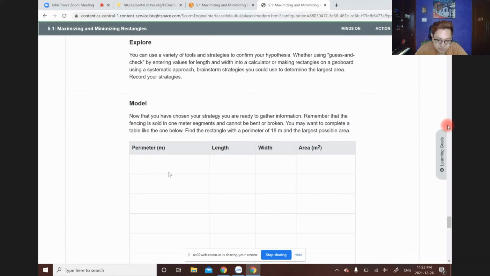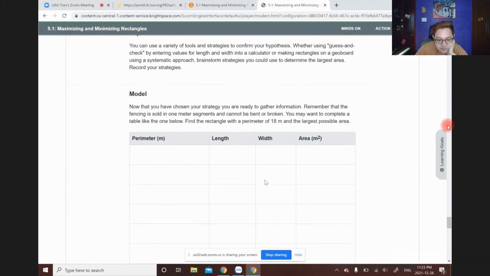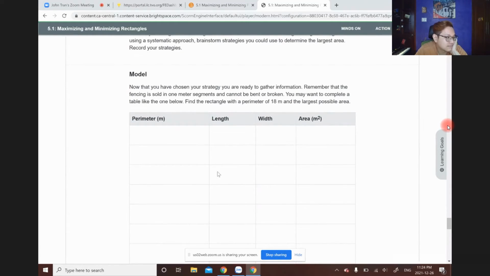The next one should be 6 for length, and then 3 for the width, and then next 7.